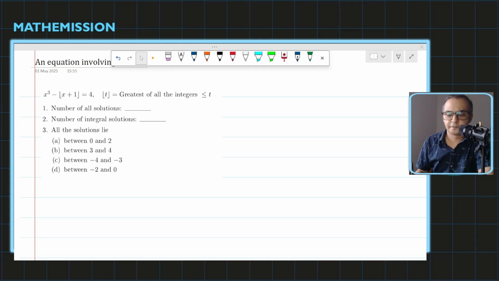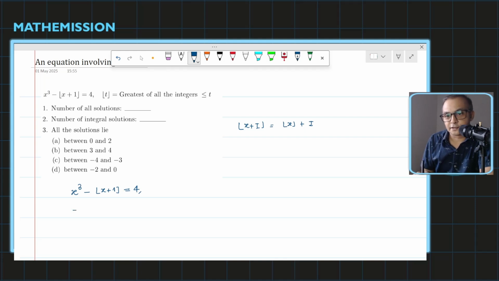Alright, so we are here and we have this equation. Let me write this equation again: x cubed minus the floor function of (x plus 1) is equal to 4. You know the property of the floor function: the greatest integer of (x plus 1), because 1 is an integer, we can take it out.